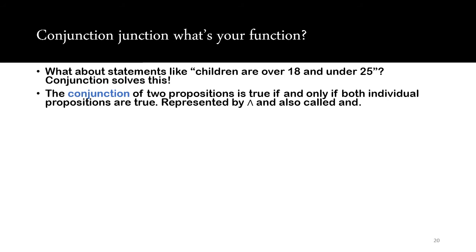It's represented by an upside down V and also called AND. So we have this truth table. We need 4 inputs because there are 2 variables. The first half of P will be filled by T's, the second half, F's. Don't get those wrong on tests.